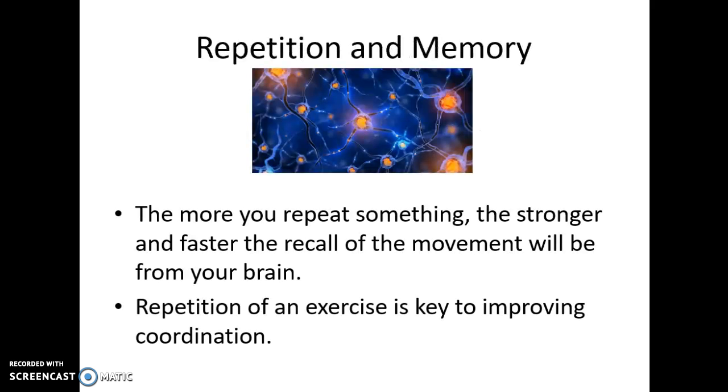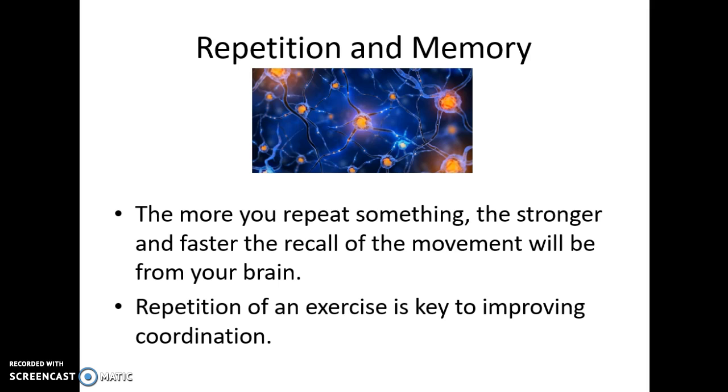So how do we improve our coordination? Well, it's really easy actually. The more you repeat something, the more coordinated you will be with that movement. So it's all about improving our memory, and you hear muscle memory a lot. And really, there's no such thing as muscle memory. Our muscles don't have memories. Our muscles don't have brains.